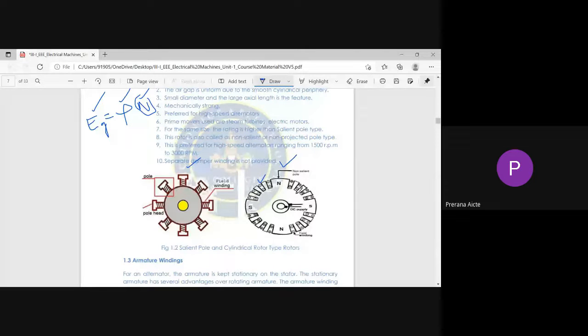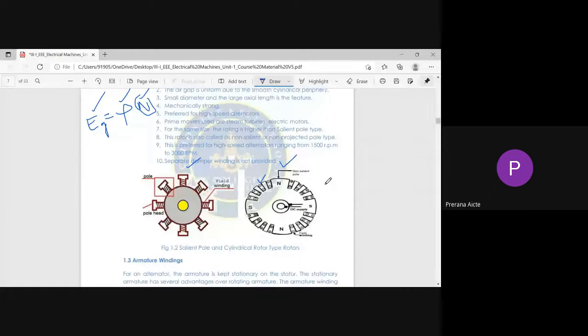When this field winding is excited, north and south poles are developed on the rotor. When this rotor is driven at synchronous speed, the rotor flux cuts the stator conductors and EMF is induced in the stator conductors. That is the actual principle of our generator.